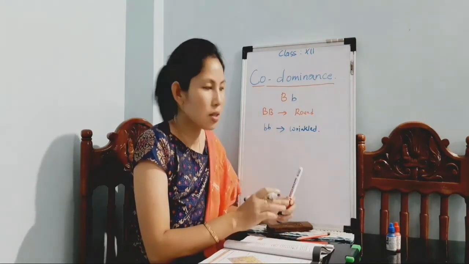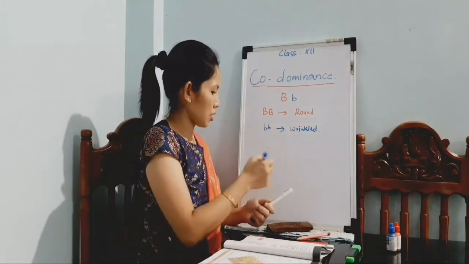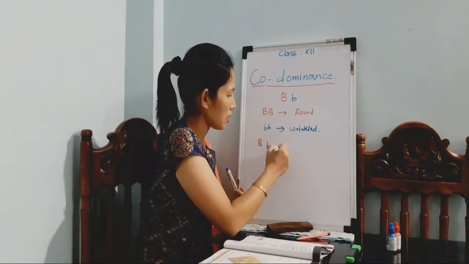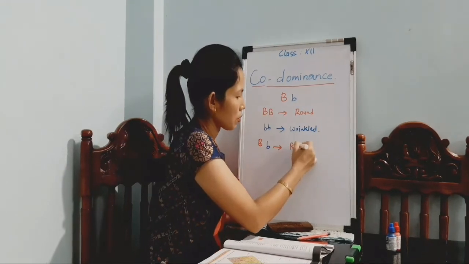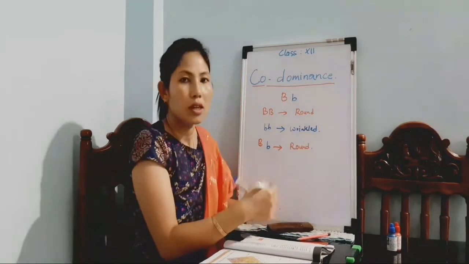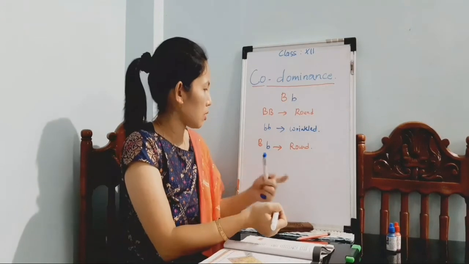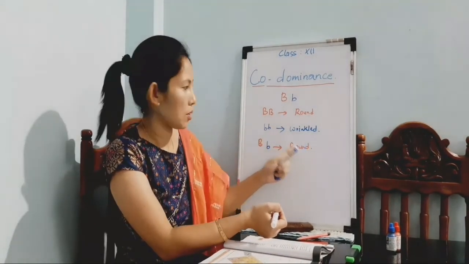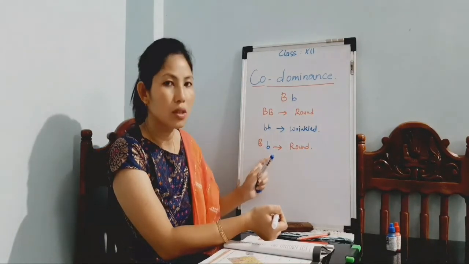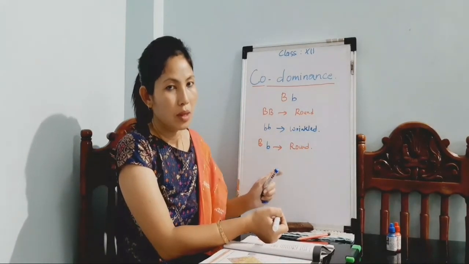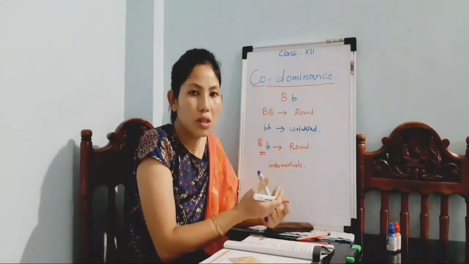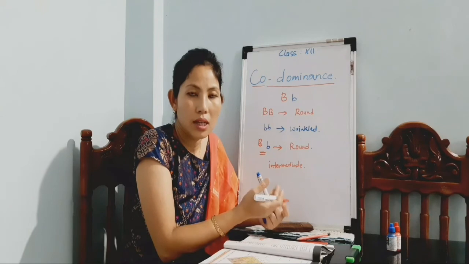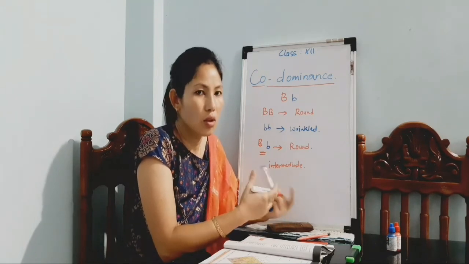In the heterozygous condition, capital B and small b, the seed comes out round. So according to Mendel's monohybrid cross, the round shape is dominant over the wrinkled shape. It means capital B is dominant over small b. But if we consider starch grain size as the phenotypic expression, then from this angle it is incompletely dominant.